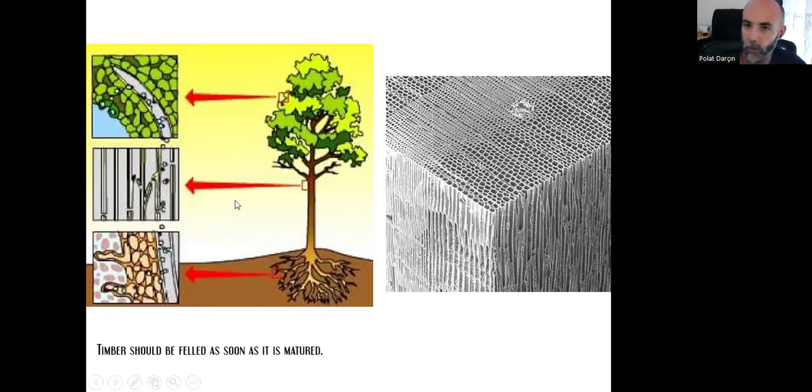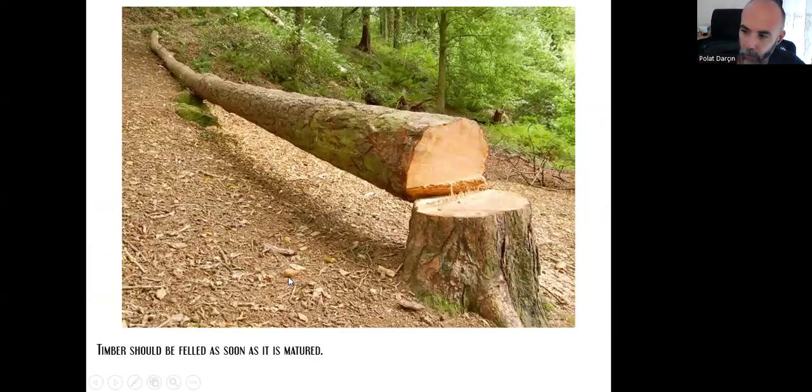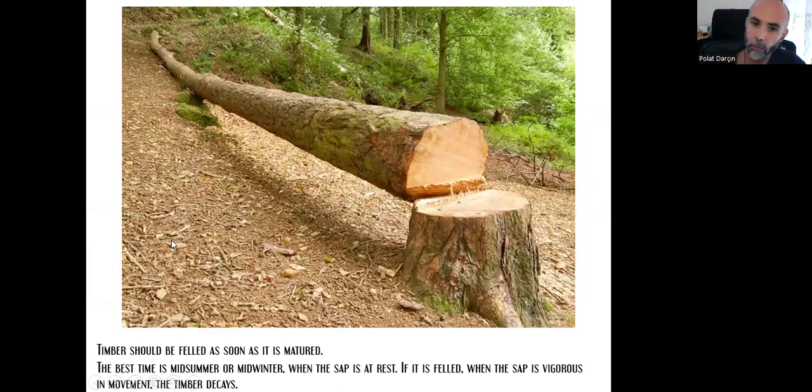And the timber, the tree, should be felled as soon as it's matured. We need to cut it properly as the tree matured in order to have our building material like that. And the best time for cutting the tree is the midsummer or midwinter, because we need to find the time when sap is at rest.